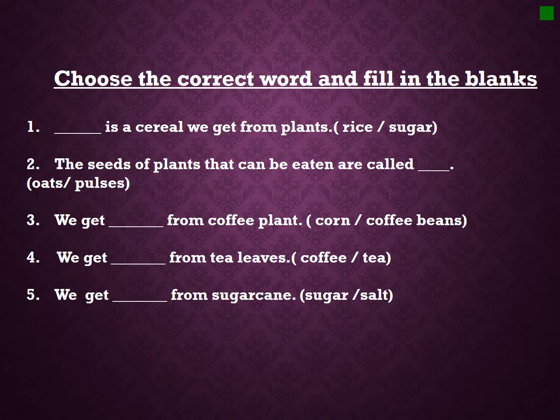Number 3, we get from coffee plant. What do you get from coffee plant? Corn or coffee beans. Number 4, we get from tea leaves. What do you get from tea leaves? Number 5, we get from sugar cane. What do you get from sugar cane?